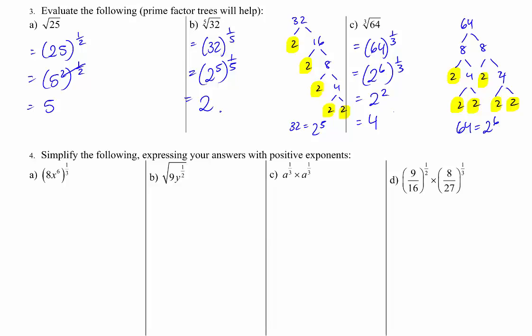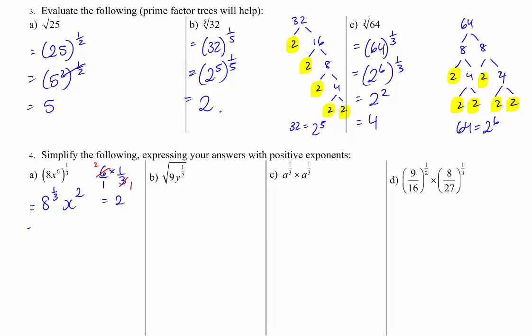Okay, next one, simplify the following expressing your answers with positive exponents. I have 8 to the power of a third, x to the 6 times a third, which is 2. And if you can't see why 6 times a third is 2, remembering from fractions, 3 into 6 is 2, 3 into 1 is 1, so that's why it's 2.